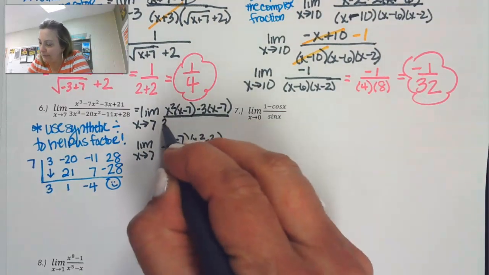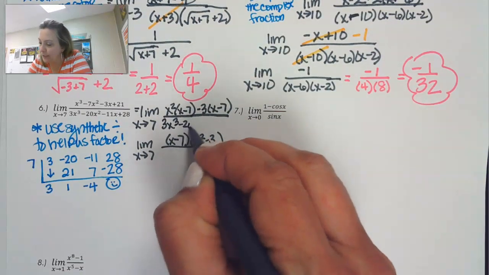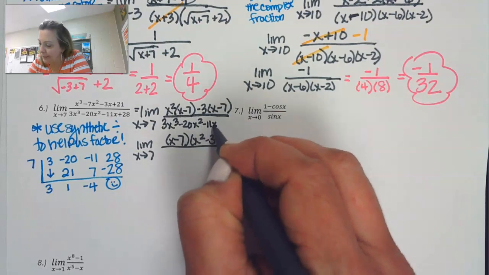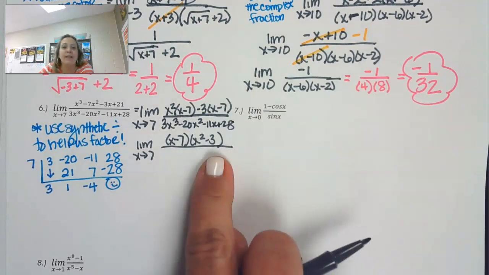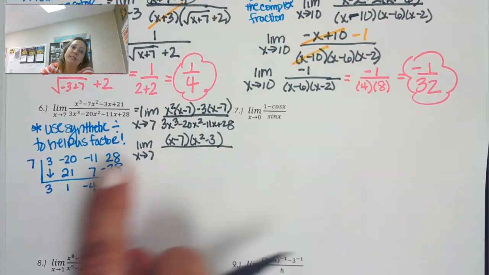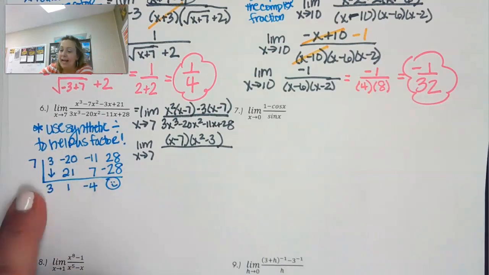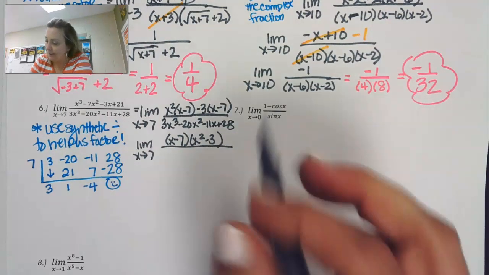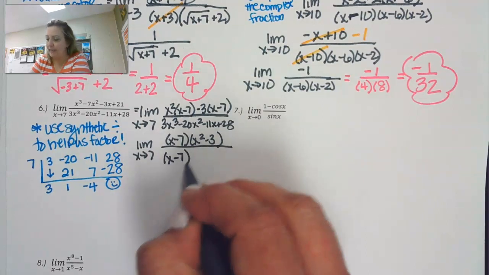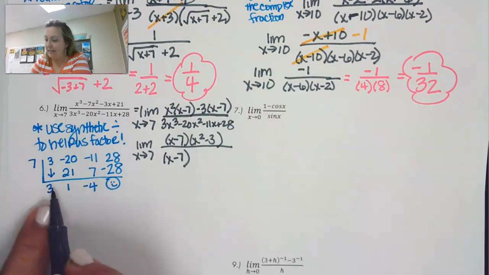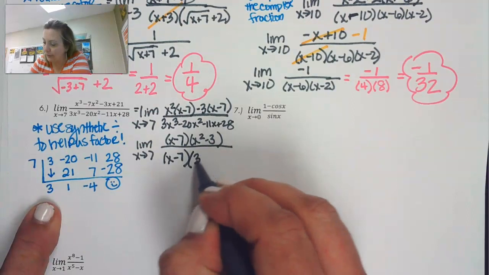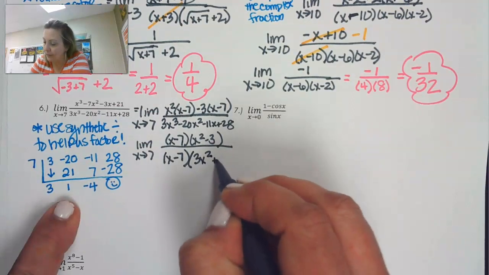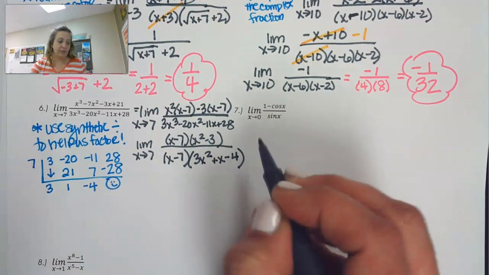Maybe up here I'll leave this as the 3x cubed minus 20x squared minus 11x plus 28. But then once we get to this step, we can see, look, x minus 7 does divide into it. I'm going to use x minus 7 as one of the factors, and then the other factor is going to be 3x squared plus x minus 4.